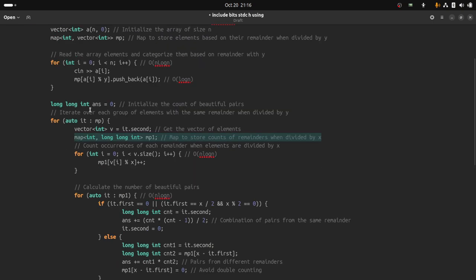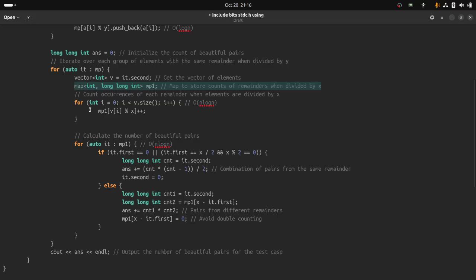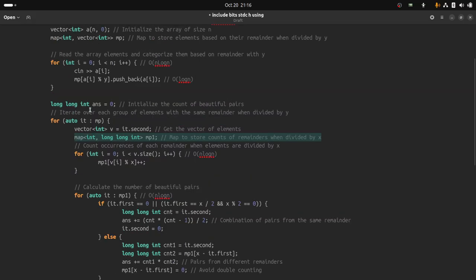Why is he doing it on the basis of y, then he's doing it on the basis of x. But I'm doing the reverse. First I'm classifying on the basis of x, then I'm storing on the modulo classes of y.